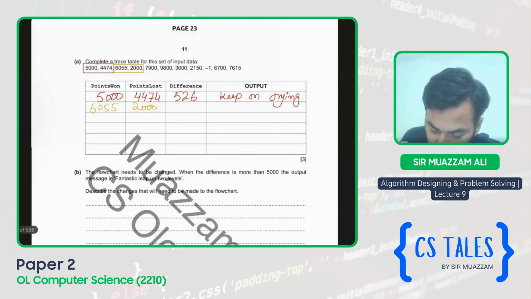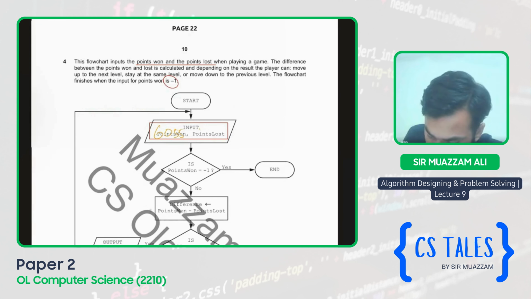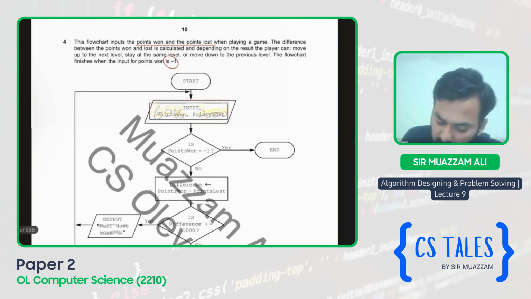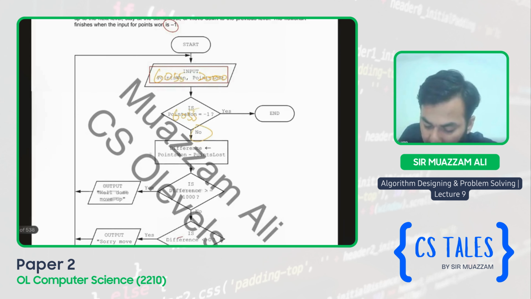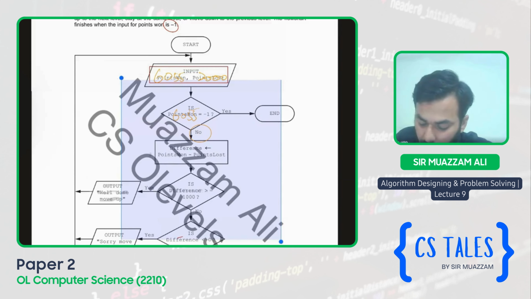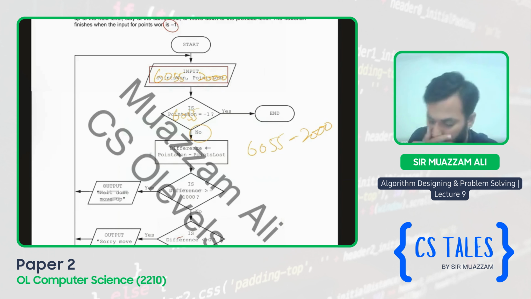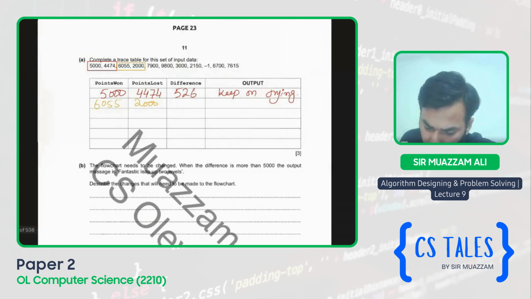Is points won equal to minus 1, meaning 6,055 equal to minus 1? No. Then we have to write down the difference, 6,055 minus 2,000.